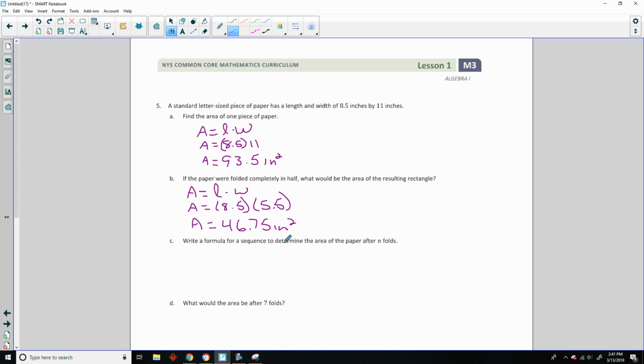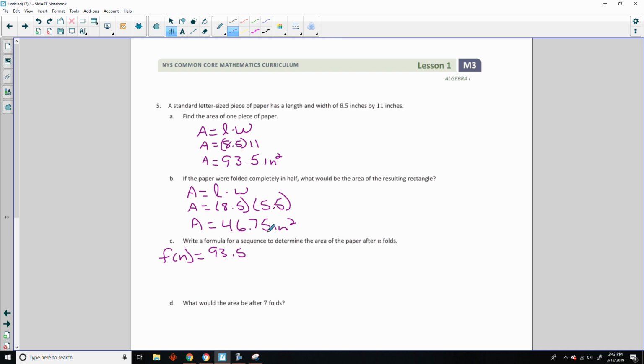C says to write a formula for a sequence to determine the area of the paper after n folds. So we're going to write f of n equals, and our area of the whole piece of paper, 93.5. And what are we dividing by?